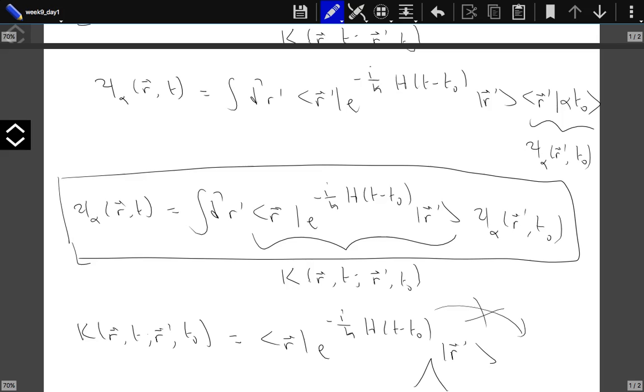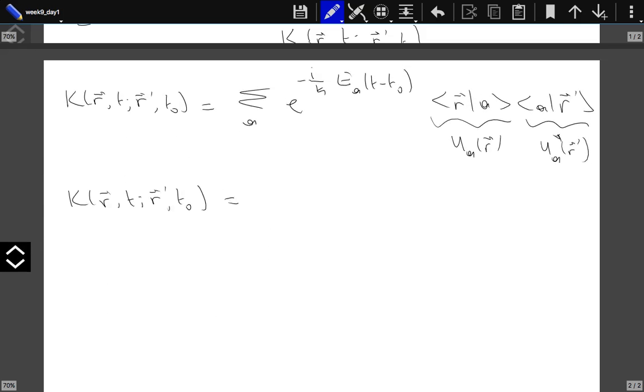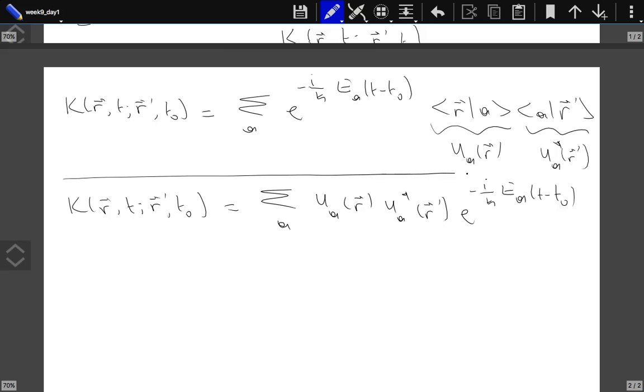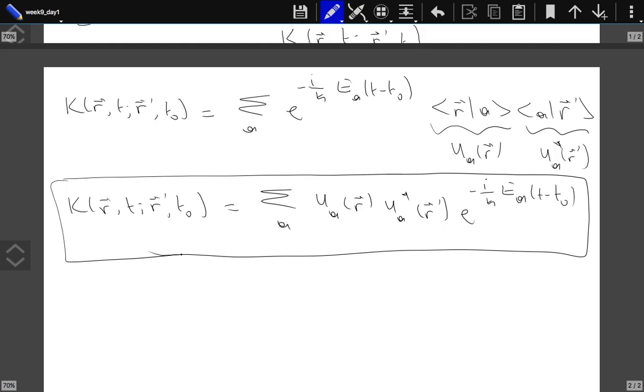In a sense, it describes the evolution of our wave function in time. So we can write that kernel, so to speak, as a sum over energy eigenstates. So this is just one of the expressions.